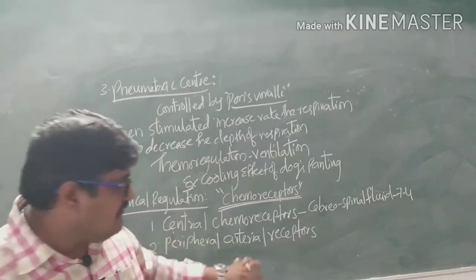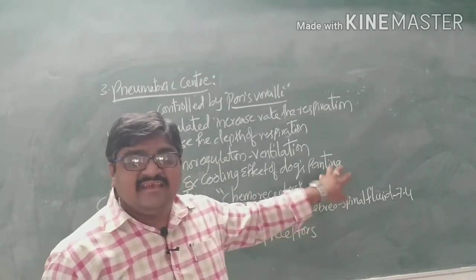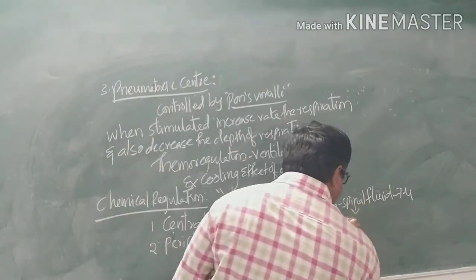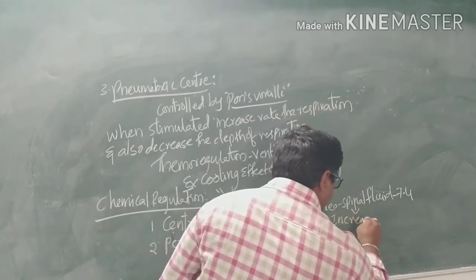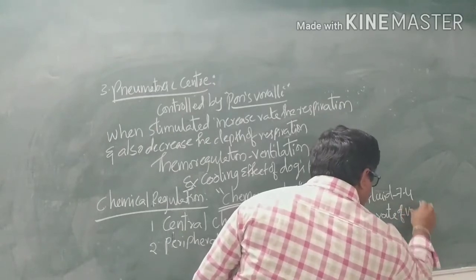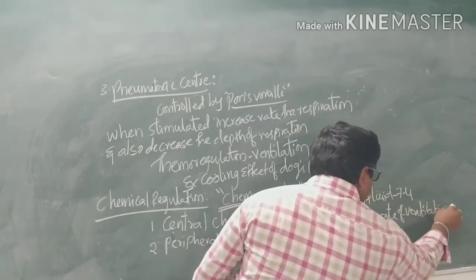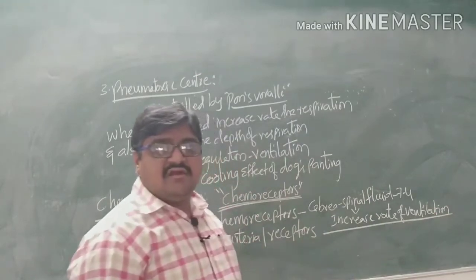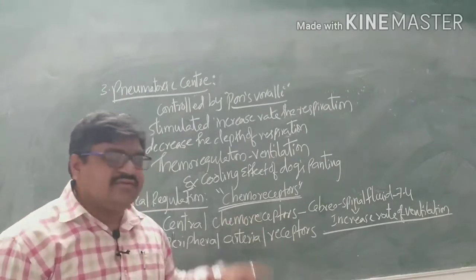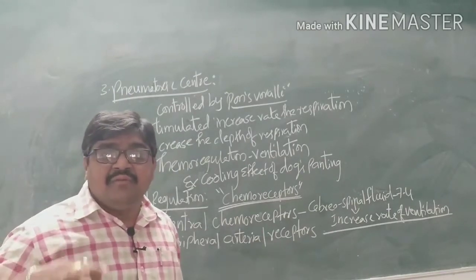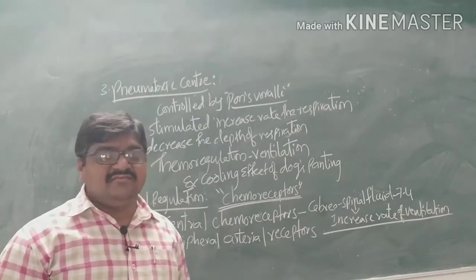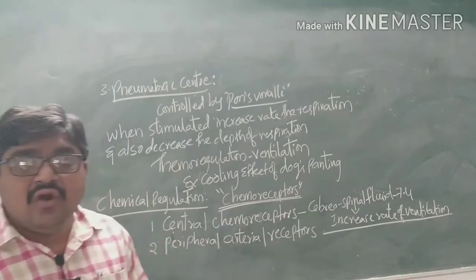These are helpful for increasing the rate of ventilation. The increase in the rate of ventilation takes place by the central chemoreceptors present at the base of the medulla oblongata, which show the acidic nature but are neutralized in the form of cerebrospinal fluid.